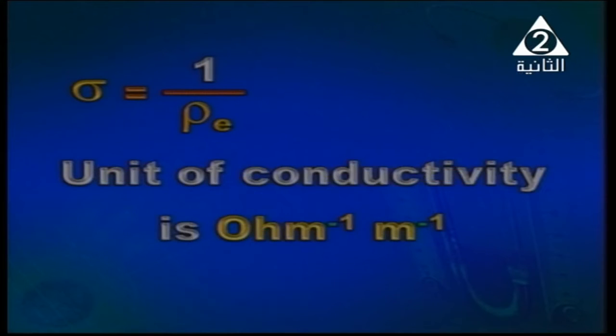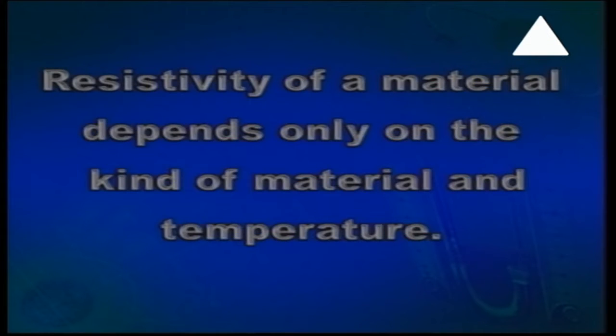So the unit of conductivity is ohm negative 1 meter negative 1. Ohm negative 1 is called Siemens, by the way. So the unit of conductivity once again is ohm negative 1 meter negative 1, or Siemens per meter. Resistivity of a material, as I said, depends on the kind of material and temperature.